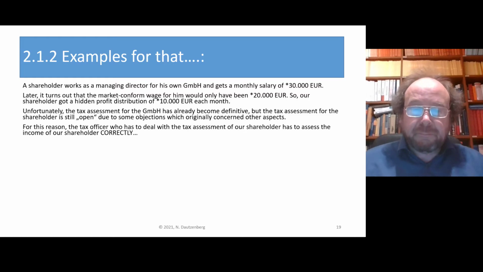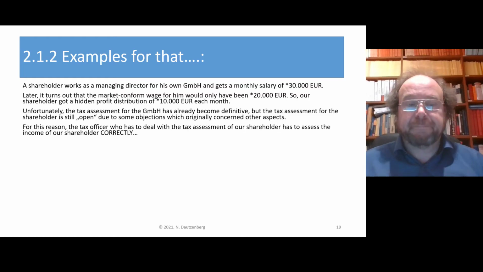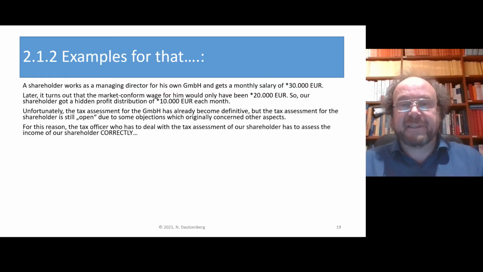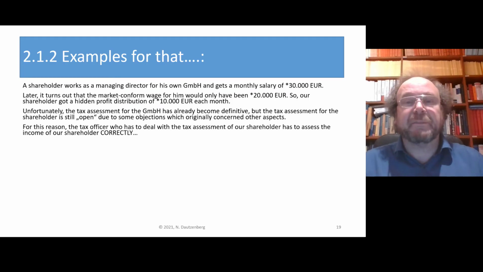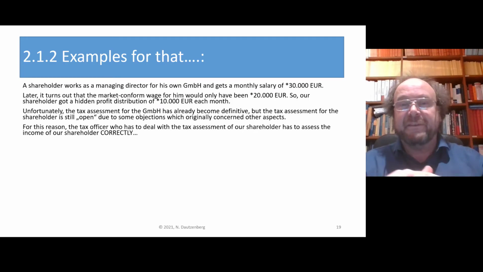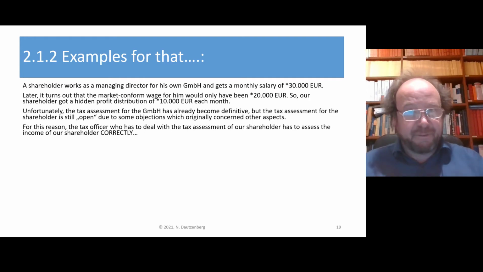Now later, the tax assessment of the GmbH has already become definitive. So the deadline or time limit for changes in the tax notice is definitively over. No changes possible anymore.